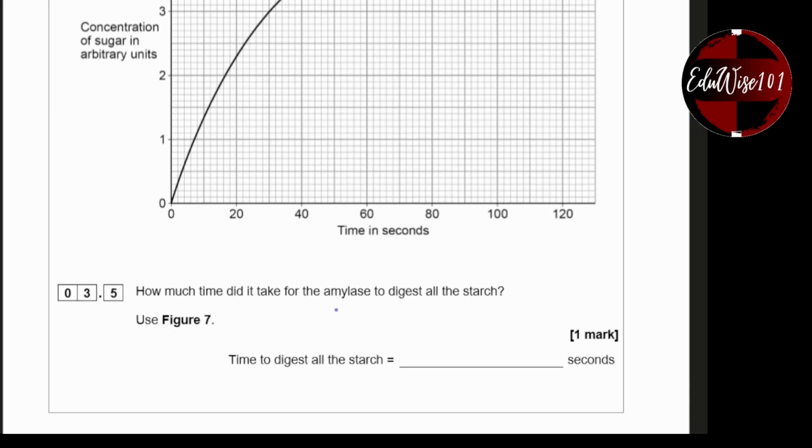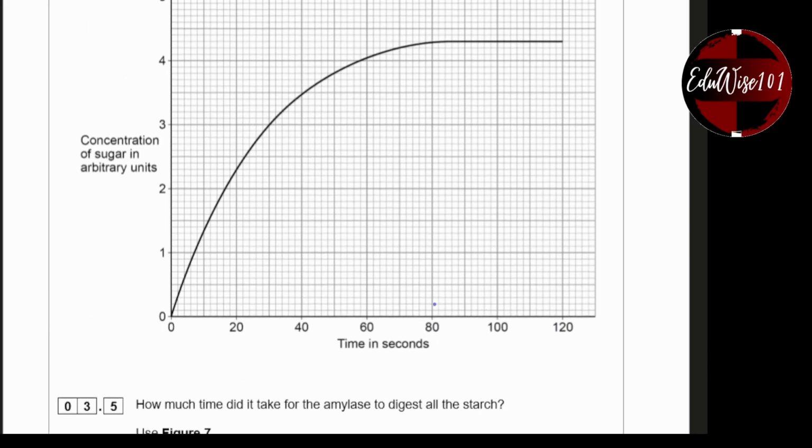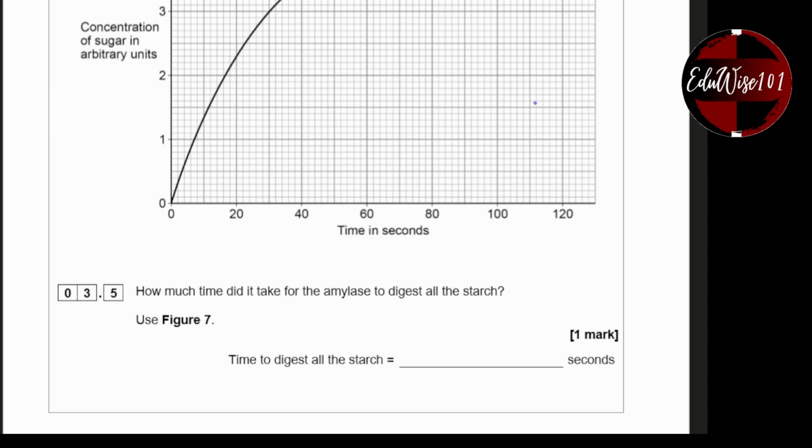How much time did it take for the amylase to digest all the starch? That's happening when it's a flat line. The flat line looks like 80, but I think it's definitely at this point there. So I would say 82 seconds.